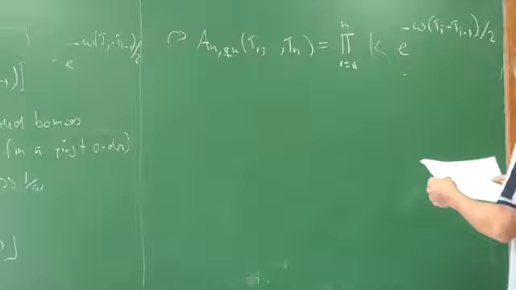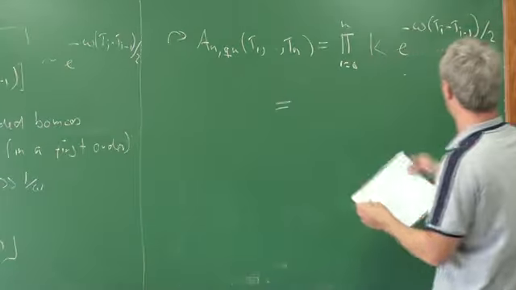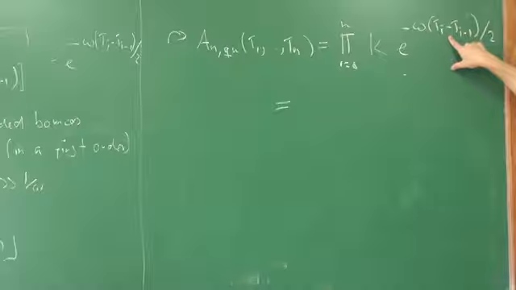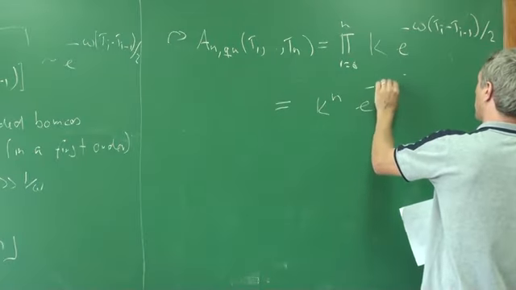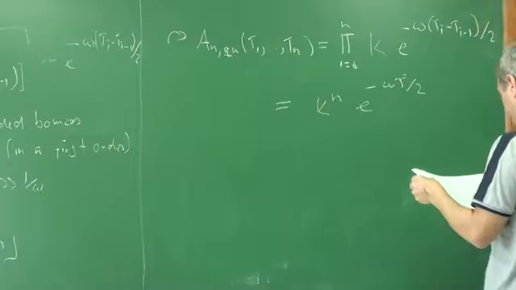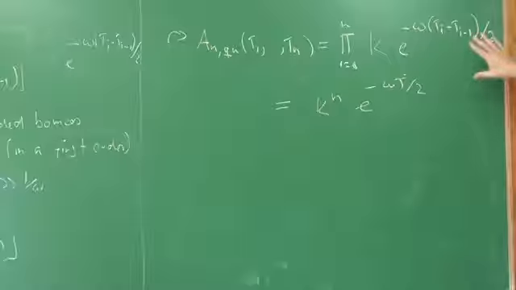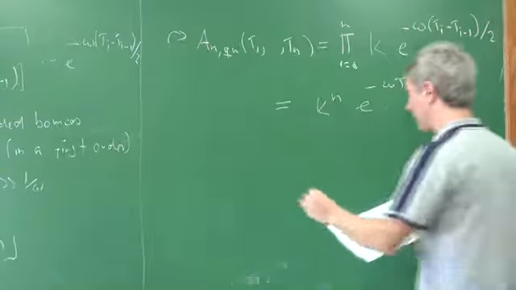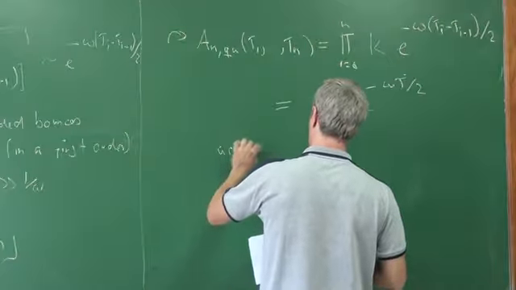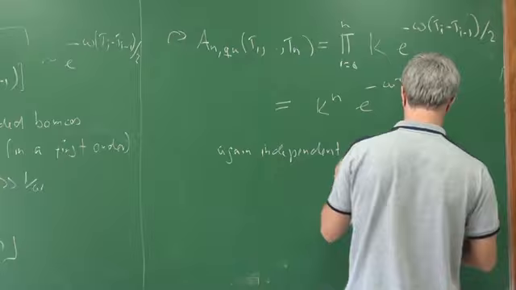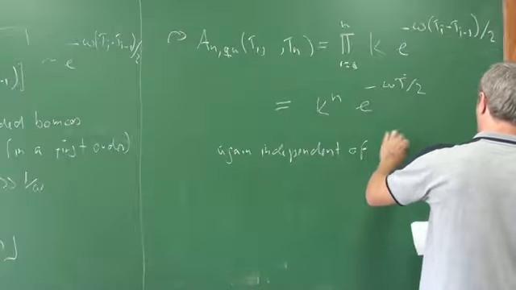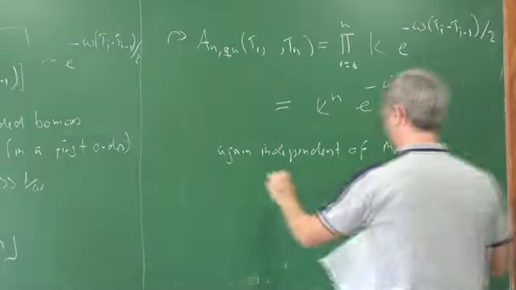Okay? So if we do the product, we see that the product converts into a sum. What we end up with is all the time differences, which give us the overall time. So we get a k to the n, and then a minus omega tau half. And we again make the important observation that this is independent of the instance when the transitions actually happen.